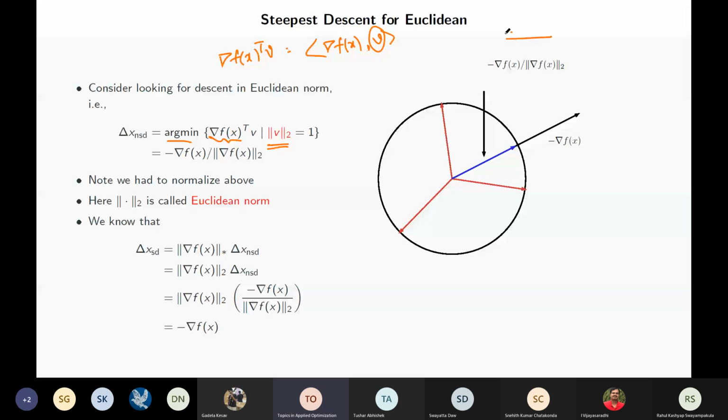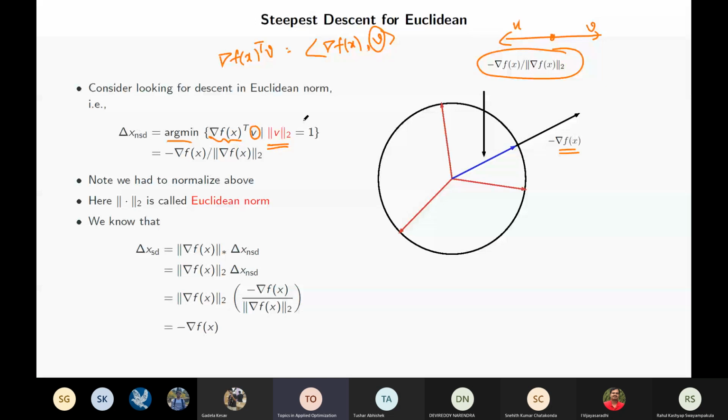The vectors v and grad f(x) have to be in opposite directions so that I get the minimum value of the dot product. So I choose a direction v in the negative direction, but then I normalize, because the norm should be 1.